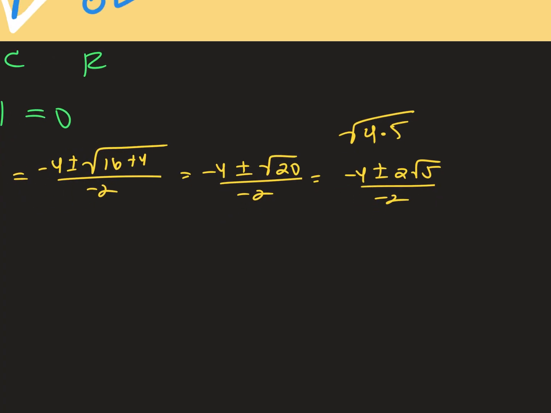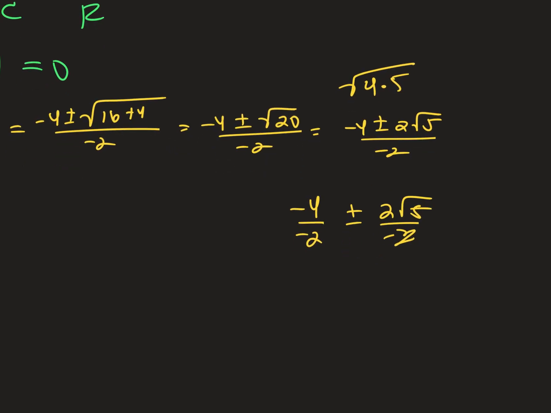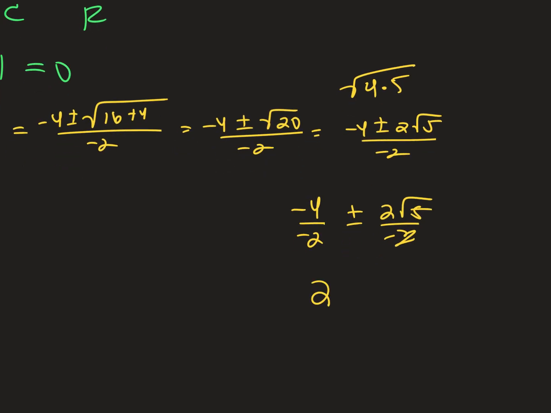If you can't see this, guys, write it out. Negative 4 over negative 2 plus or minus 2 square root of 5 over 2. What's negative 4 divided by negative 2? 2. And since this is a plus or minus, you don't have to worry about that negative there. But then I have the square root of what? No, those cancel. So just square root of 5.